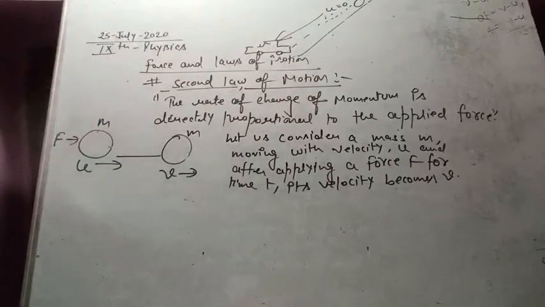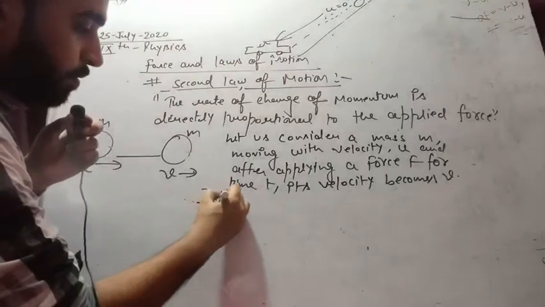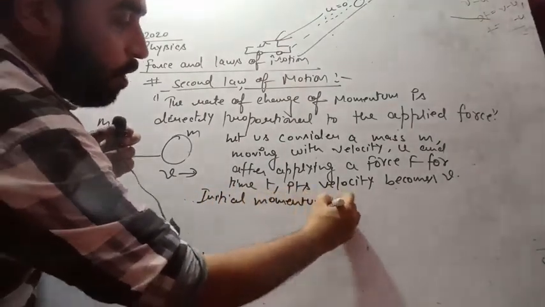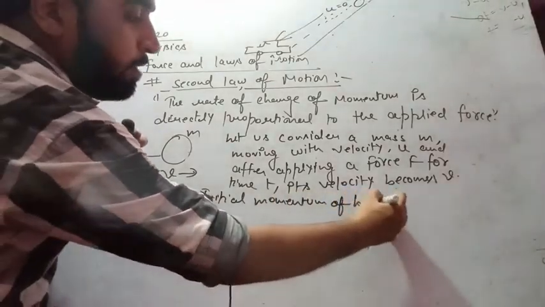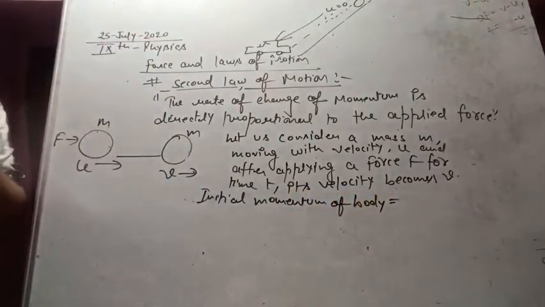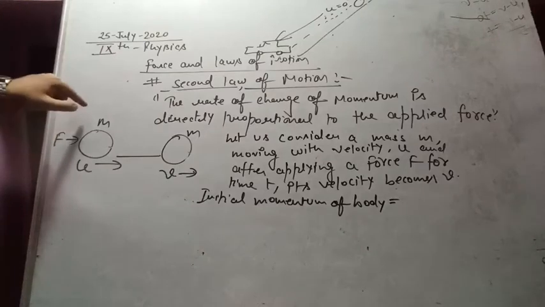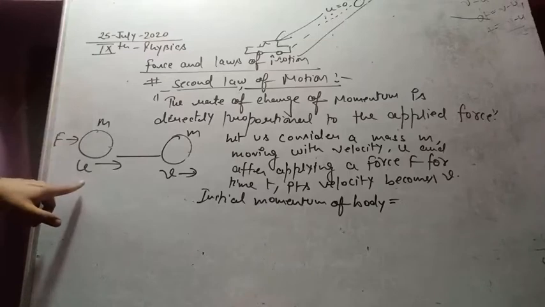So what is the initial momentum? According to the case which I have written, what is the initial momentum of the body? As I already explained in my lecture, momentum is the product of mass and velocity. What is the mass? m. What is the velocity? u.